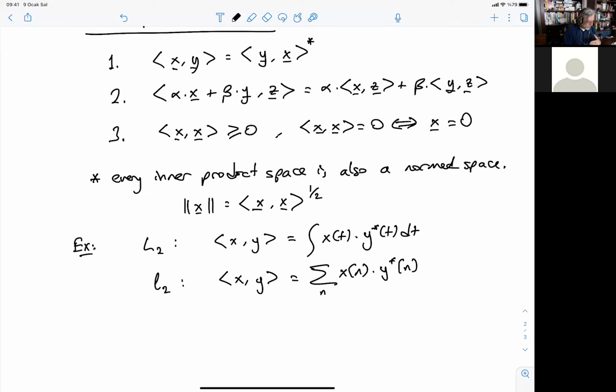The range of n goes from minus infinity to infinity, or from 0 to capital N, for example, etc.